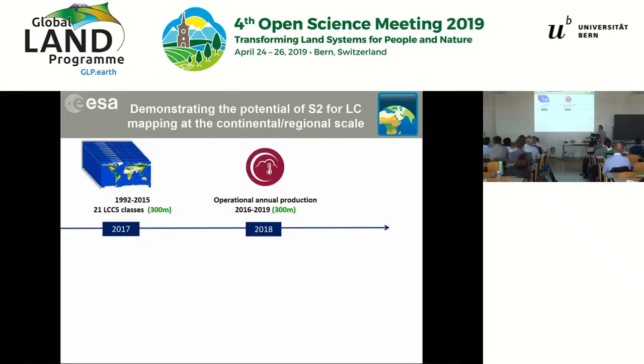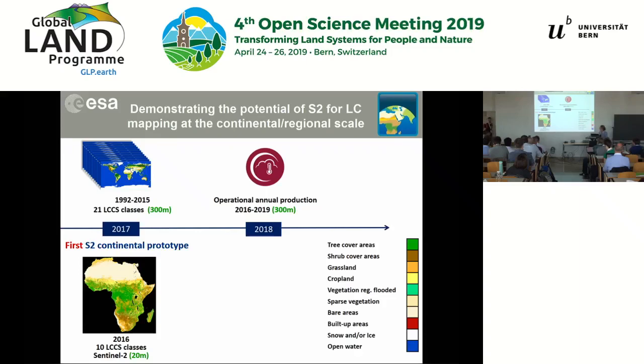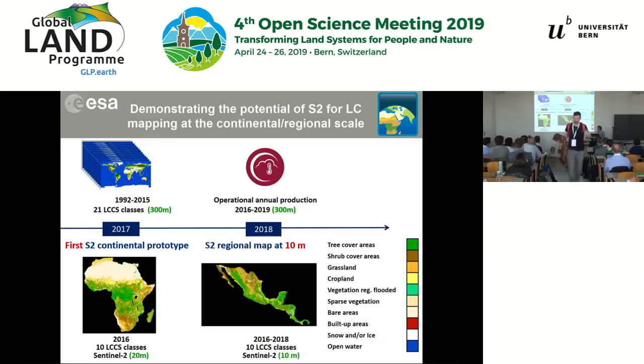In parallel to this, we also have worked with Sentinel-2 at higher spatial resolution. The first experiment was to derive a continental map, a prototype, for Africa using Sentinel-2 for 2016 at 20 meters, with a legend of 10 classes. Then, as a second exercise, we did a regional map at 10 meters, this time using the full archive between 2016 and 2018, still with the 10 classes.